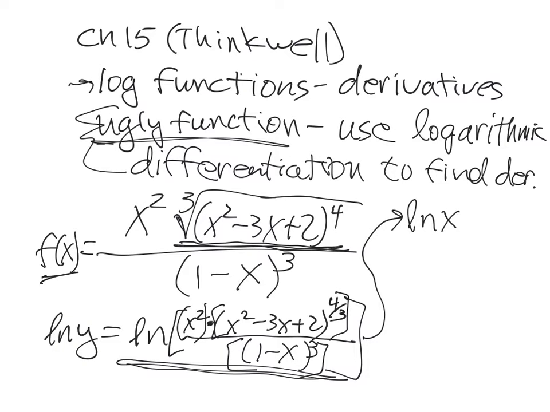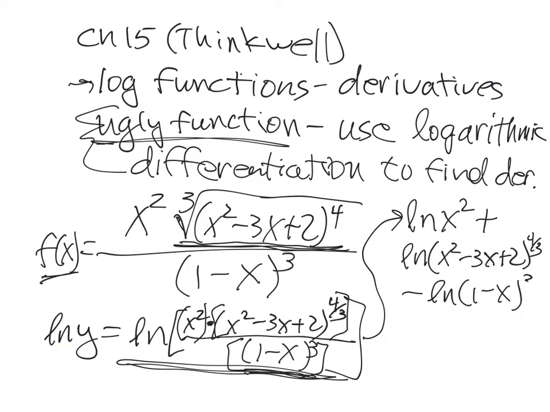So natural log of x squared plus natural log of our next part, and then what about the bottom part? Subtract. Okay, minus that to the third. And then finally we can apply the exponent property. Now remember, all of this is just algebra. We haven't done any derivative yet.